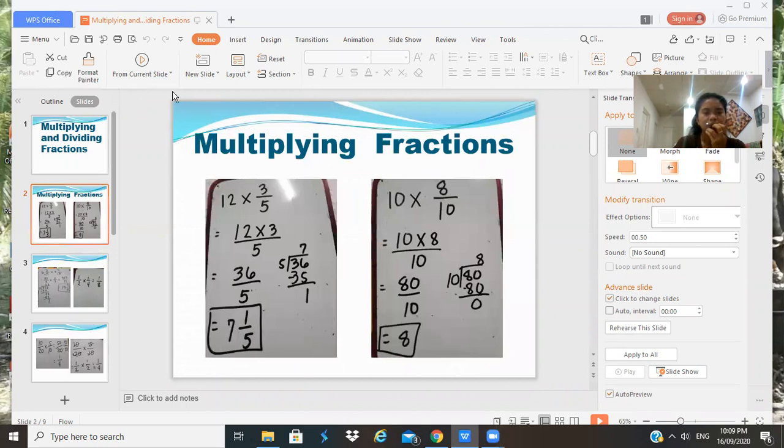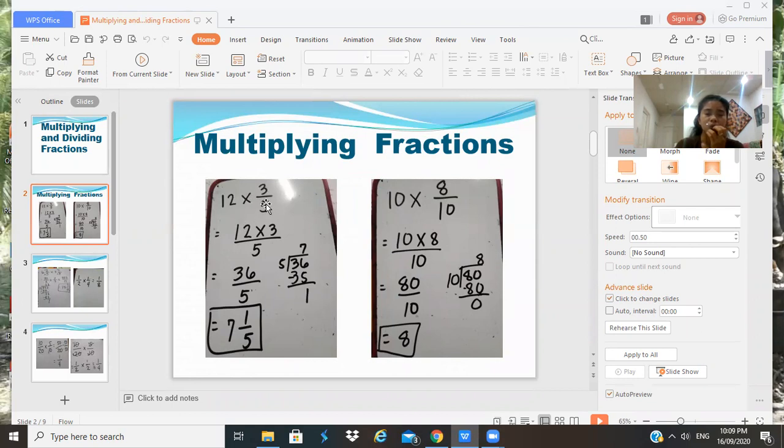In multiplying fractions, we have first an example here. The first example is a whole number 12 times a fraction 3 over 5.